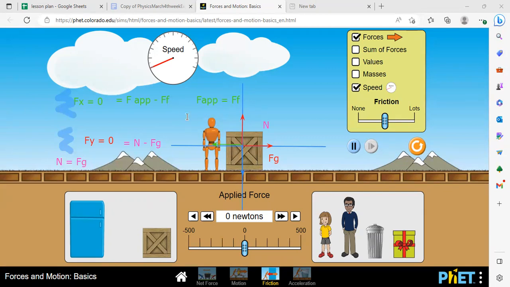So from the lab, no, we know that the frictional force is equal to mu sub s, hindi ko lang masulat yung s, times the normal force.